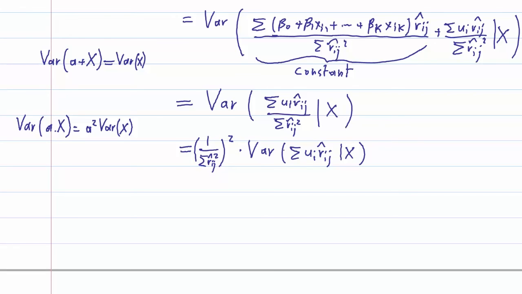Note that now the variance of a sum is the sum of the variances if the xi's are independent from each other, are linearly independent.